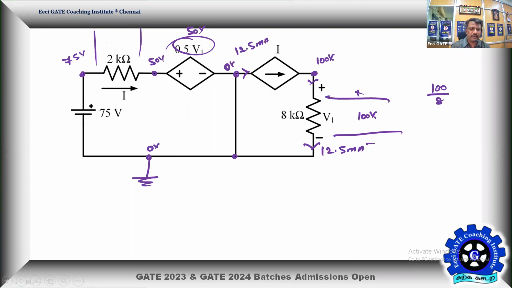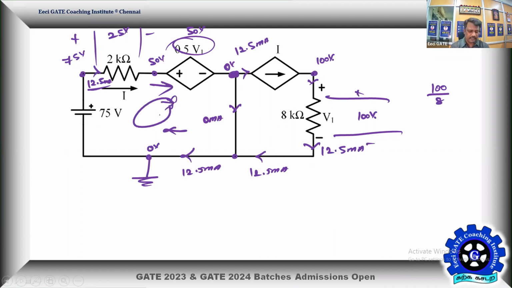So the net drop across this is equal to how much? 25 volt across 2K will make a current of 12.5 milliamps. It's balanced. So 12.5 comes in, 12.5 leaves, and nothing goes here, or the current leaving here is 0 milliamps. Here it is 12.5, and here also it is 12.5. That's your loop current balanced.